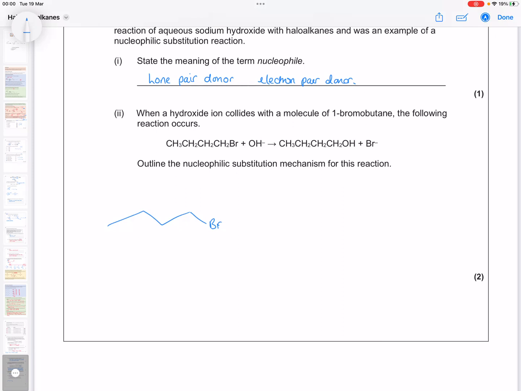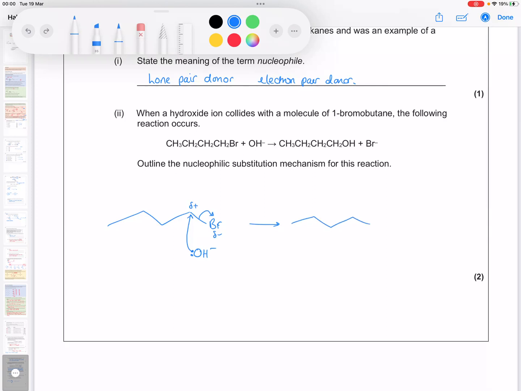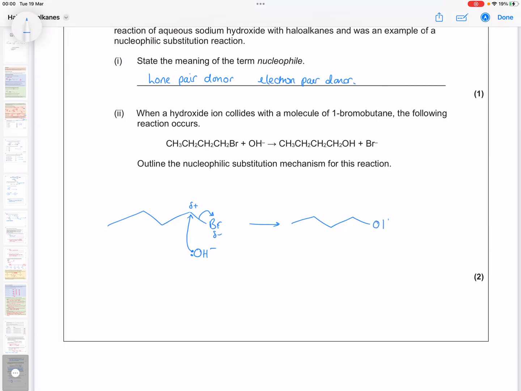And that's delta negative, this is delta positive, and the OH minus is going to do this. Oh, it's done that funny thing again where it doesn't like my zigzag. Okay, so we're going to have M1 for the first arrow, M2 for the second.